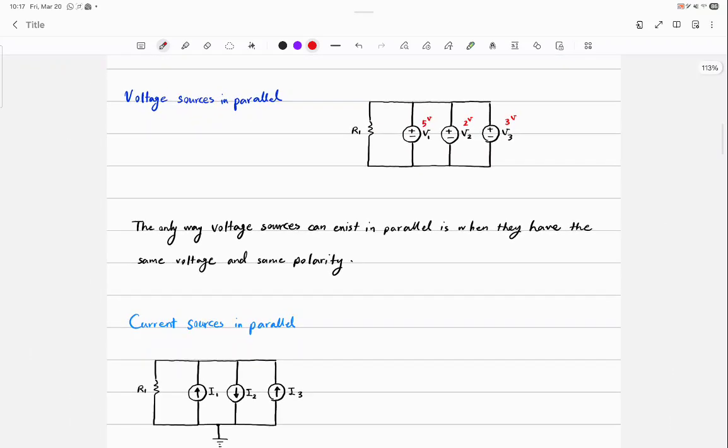So the conclusion is this. The only way voltage sources can exist in parallel is when they have the same voltage and same polarity. So not possible, at least for now. Okay? Any question?